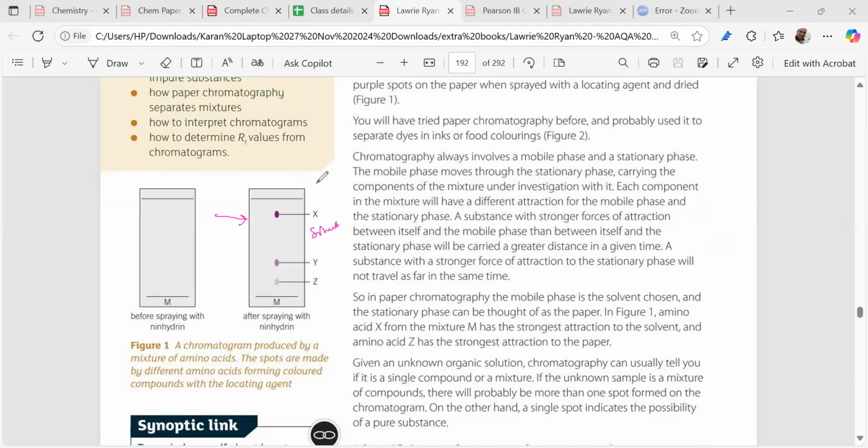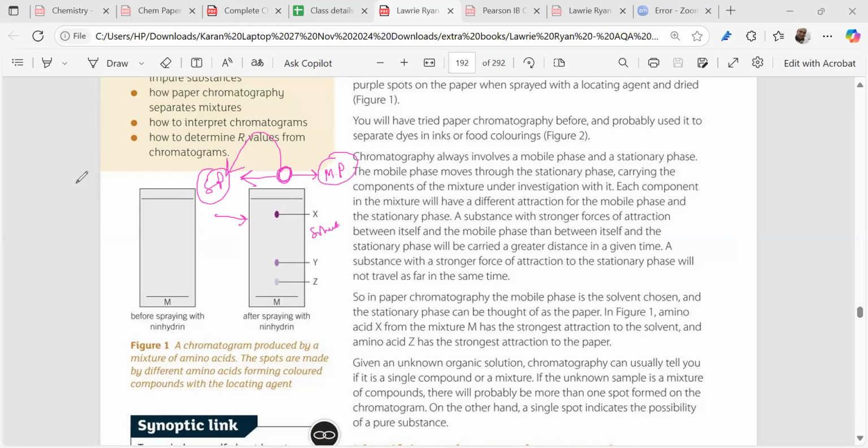So the solute will be having attraction for the stationary phase as well as the mobile phase, right? This is clear. Now, if the solute has more attraction with the stationary phase, it will be traveling slowly.